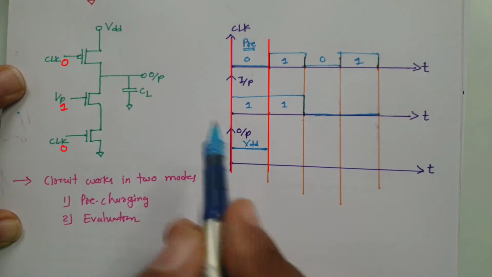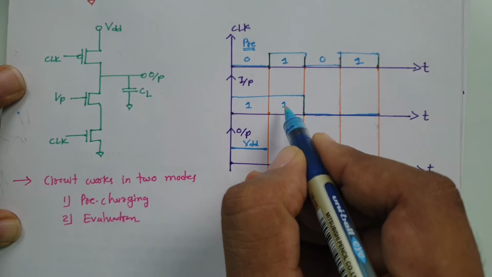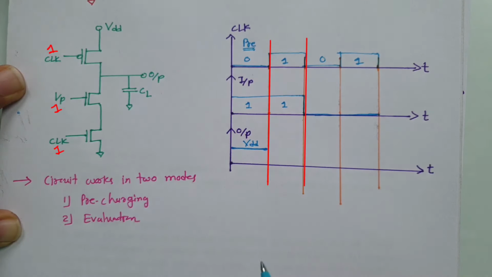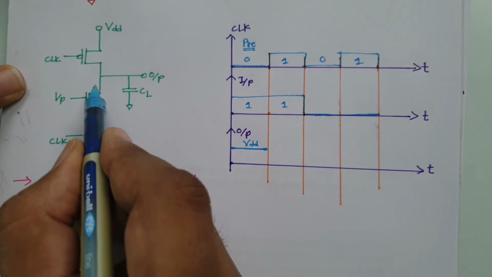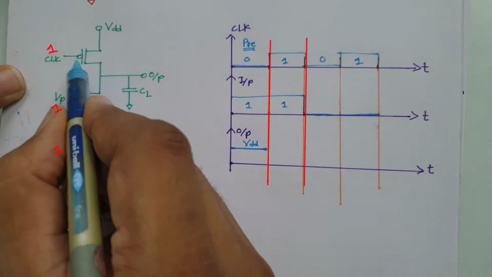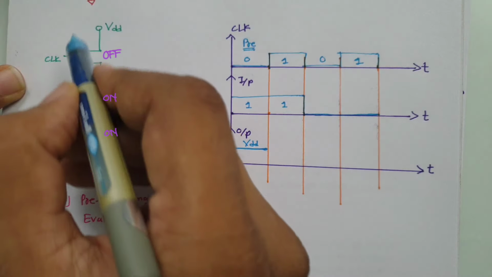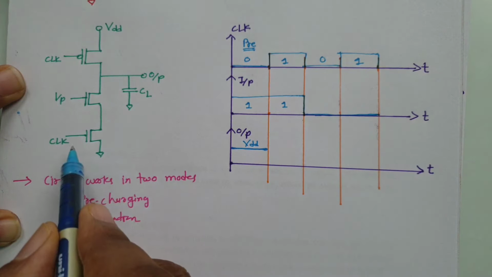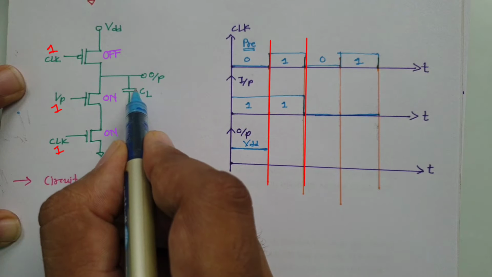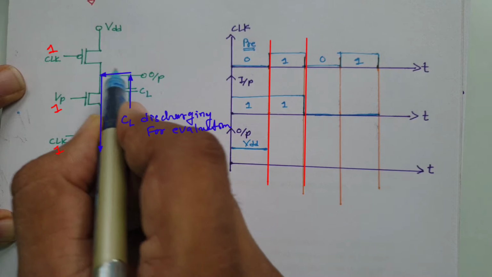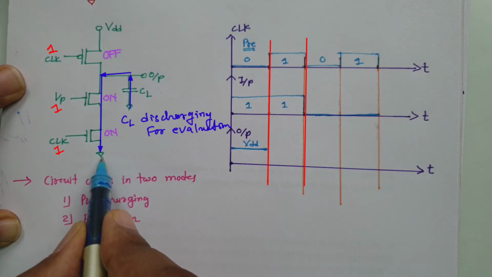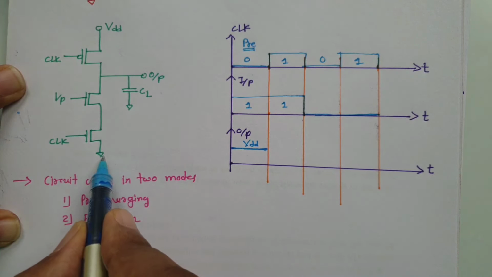Now you see what will happen if input is 1 and clock equals 1. When input is 1, this NMOS will get on, and this PMOS will get off, and this NMOS will get on. So whatever charge is there in this CL will get discharged via this loop and get grounded over here, right?